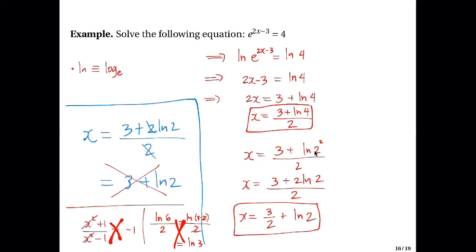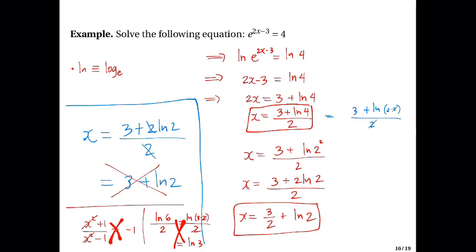Take note that in here, although your 4 can be written as 2 times 2, that is not the reason why the 2 canceled. Some students will think of this part here as 3 plus ln of 2 times 2 over 2.